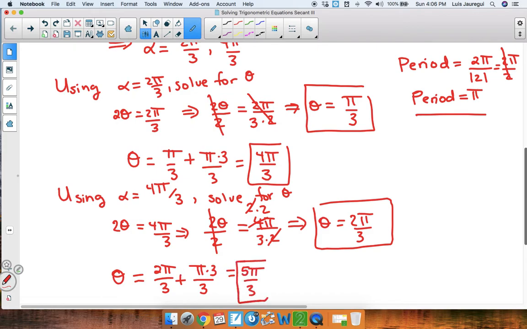And that gives you the 4 values that are solutions to the original equation. So theta is equal to pi over 3, 2 pi over 3, 4 pi over 3, and 5 pi over 3. Those are all solutions between 0 and 2 pi to the originally defined equation.